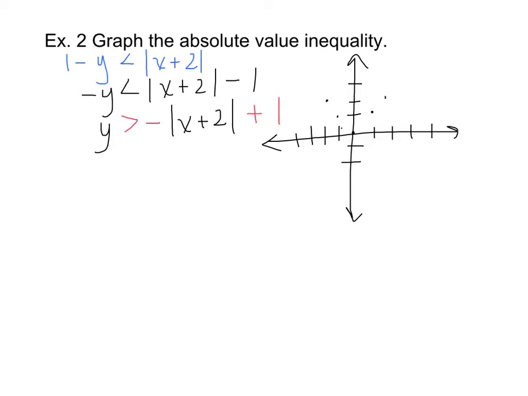And then the negative means it's going to reflect, so it's going to be an upside down V. And then I'm going to take each point and move it left 2, up 1.